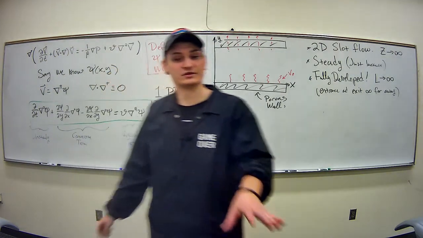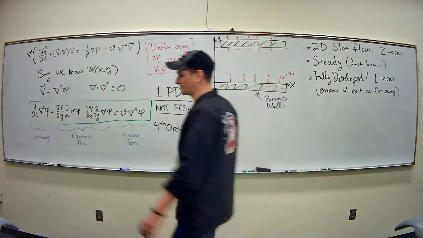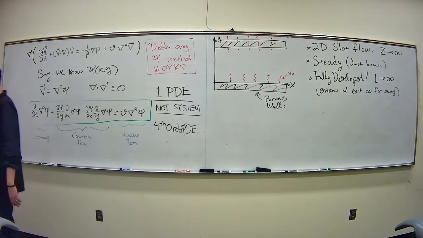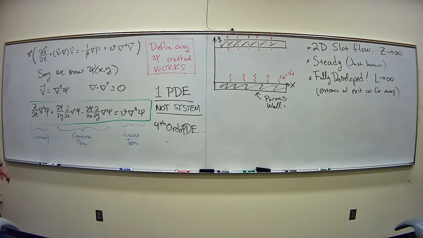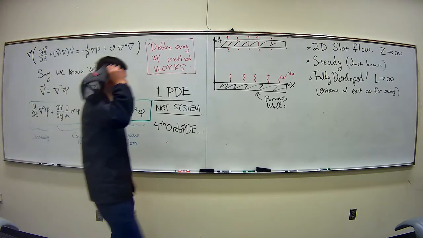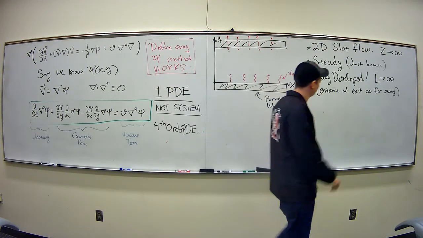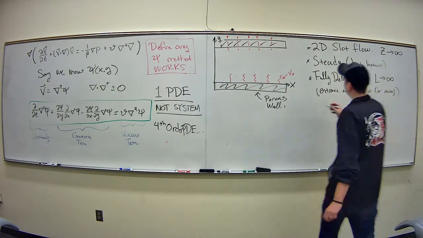Now, what I'm not going to do is write down the Eulerian system. What else is here? From continuity as well.